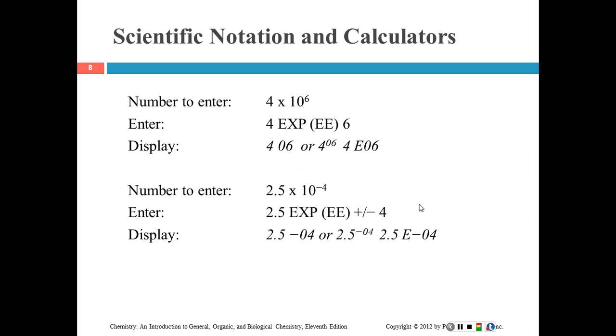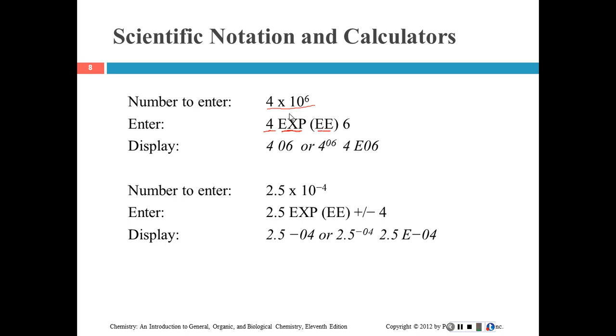So when you're doing this on the calculator, I'm not putting a calculator up here because everybody has a different one. I use a TI-83, but there are all kinds of different calculators. If you want to enter 4 times 10 to the 6, everybody will enter 4. Some calculators will have a key that says EXP. Others will have, like mine has, EE.